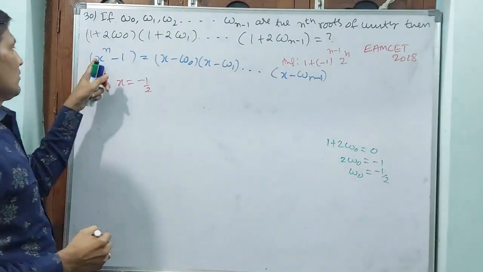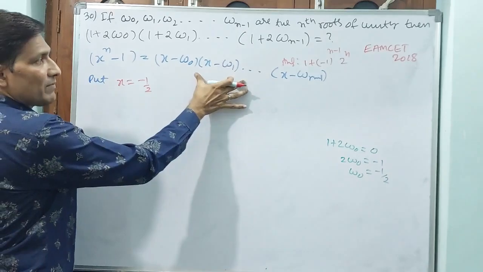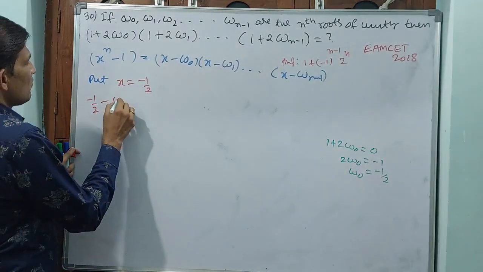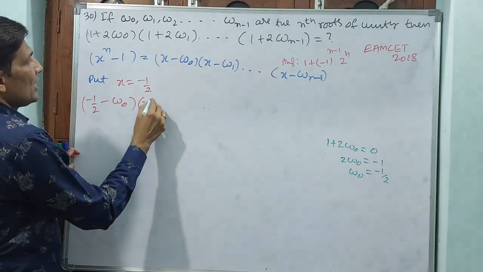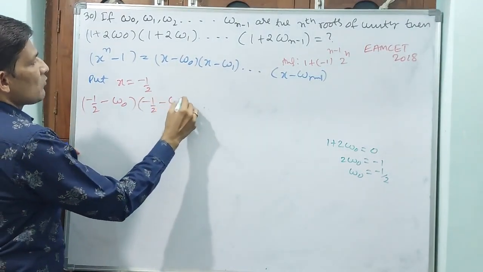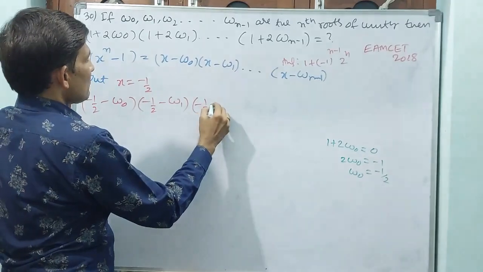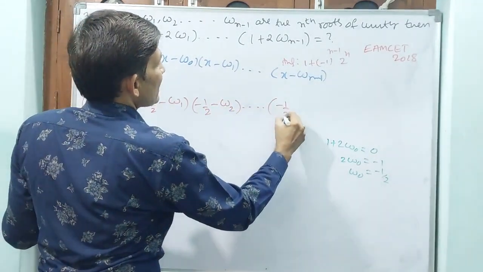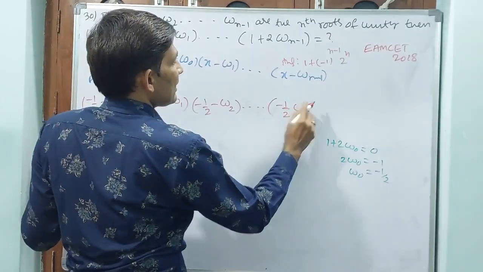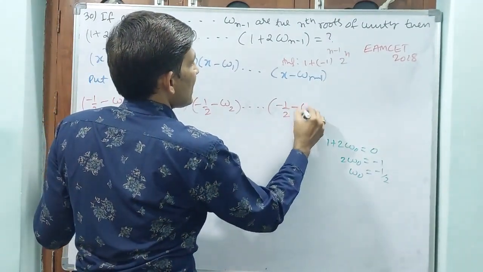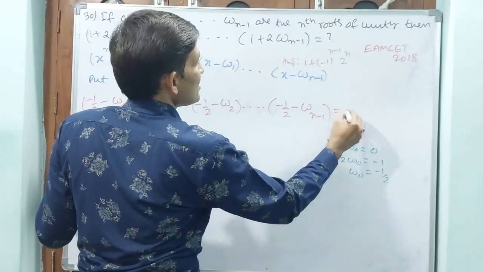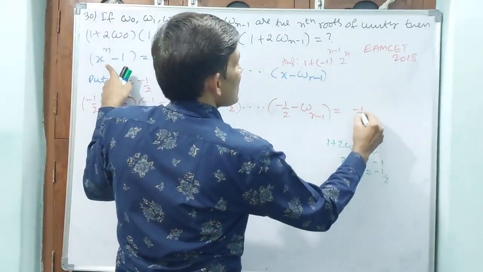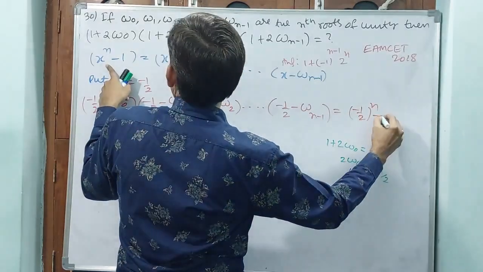You see, if I keep minus 1 by 2, I am writing first the LHS this side. Minus 1 by 2 minus omega 0. Minus 1 by 2 minus omega 1. Minus 1 by 2 minus omega 2. Minus 1 by 2 minus omega n minus 1 is equal to, now keep here, minus 1 by 2 whole to the power of n minus 1.